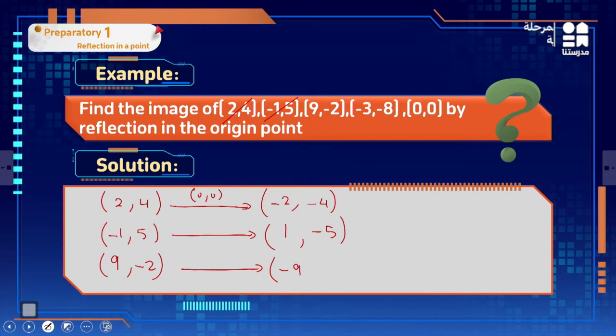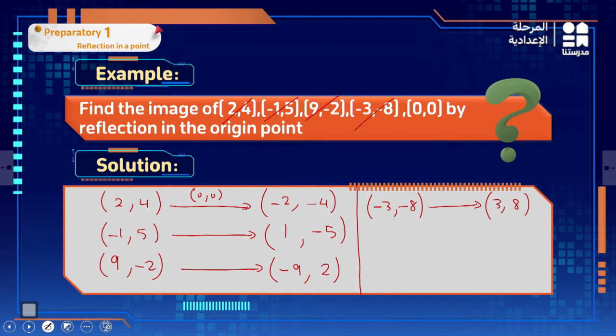This negative 2 will be positive 2, or 2. It is done. And here, (negative 3, negative 8). So it will be (3, 8). I'm going to change the sign of negative 3 to be 3, and change the sign of negative 8 to be 8.